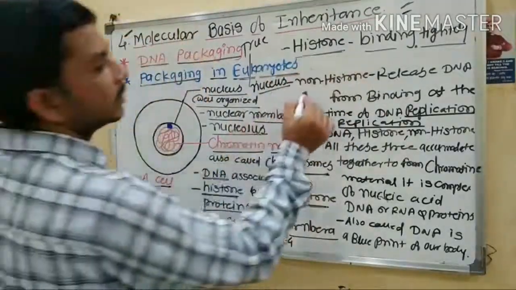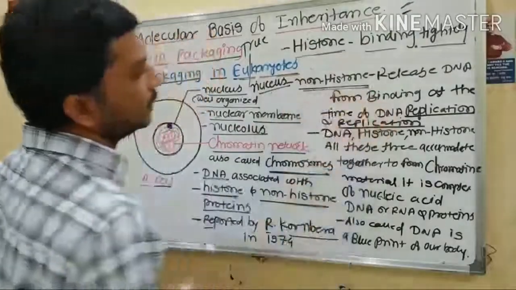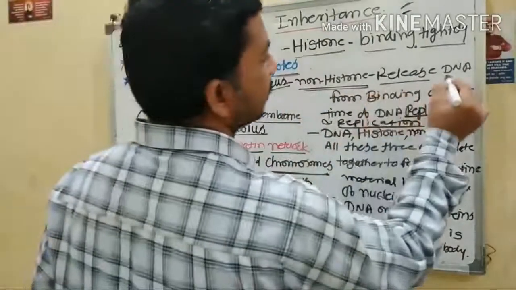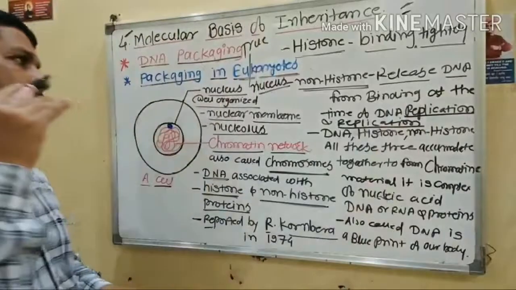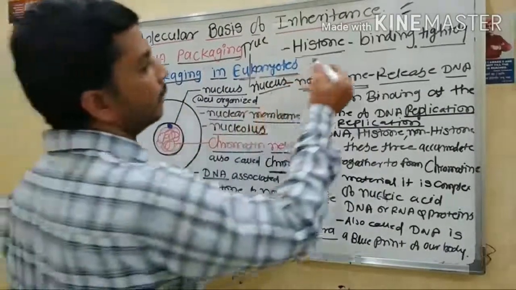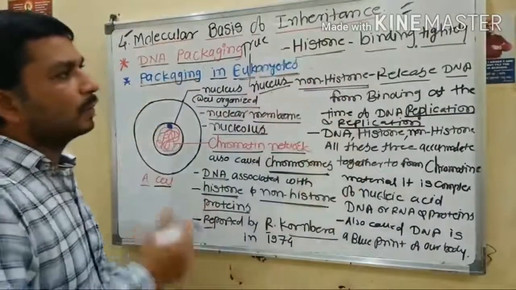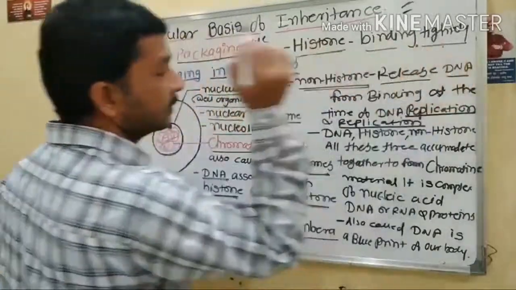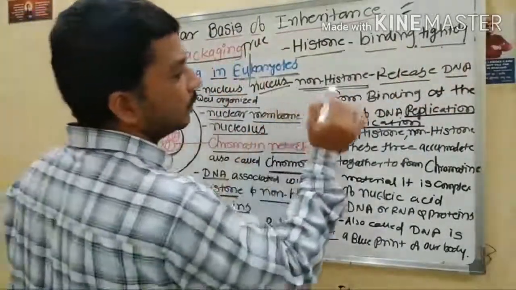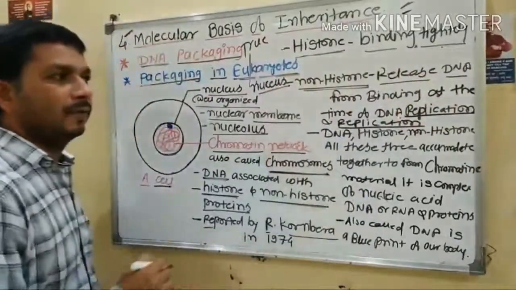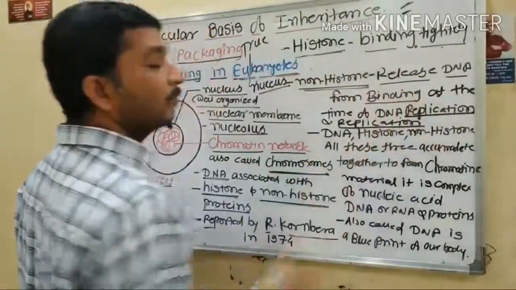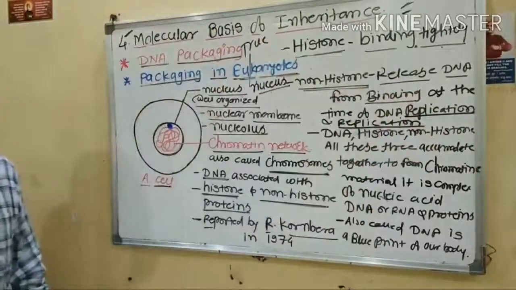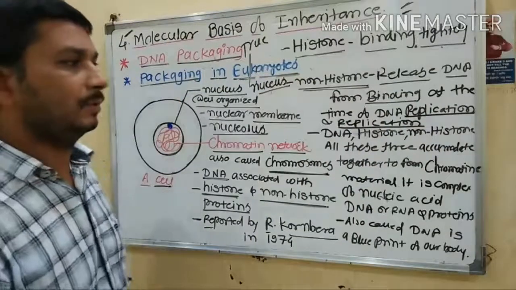Then this non-histone releases the DNA. They are opposite to each other. They do work opposite to each other. When the histone is binding tightly, the non-histone releases the DNA from the binding at the time of DNA replication.